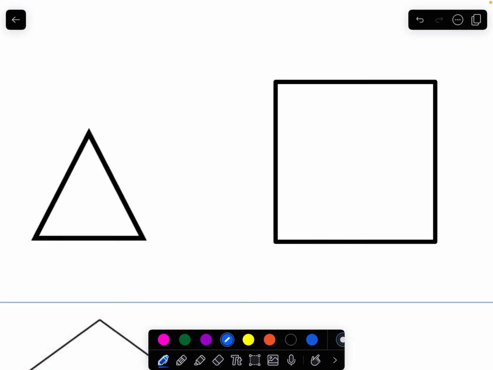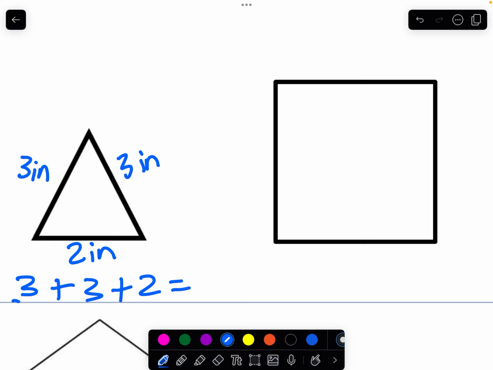You don't need to remember that, but I am going to say that this side is 3 inches and this side is 3 inches, and let's pretend this side is 2 inches. So what are we going to do? We just add it all up. 3 plus 3 plus 2 equals 6, 7, 8 inches. And remember that we should write down the measurement, because we're dealing with inches here. So it's pretty straightforward, right?